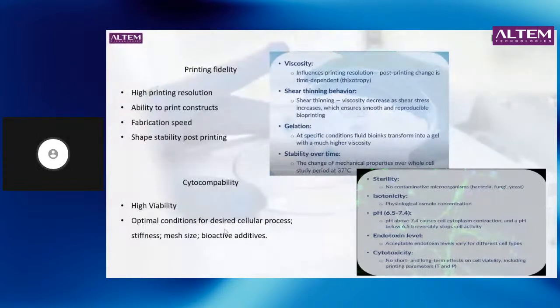A material, when being processed, has to always be tested for endotoxin levels, and there is a number above which you cannot have it, because then you will not consider it a standardized or quality biomaterial when it comes to printing with cells or printing a specific format of structure. Cytotoxicity again has an effect on the cell viability and how it would also affect the printing parameters.